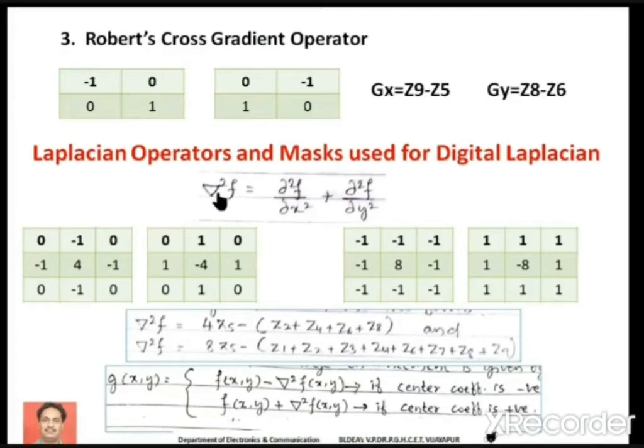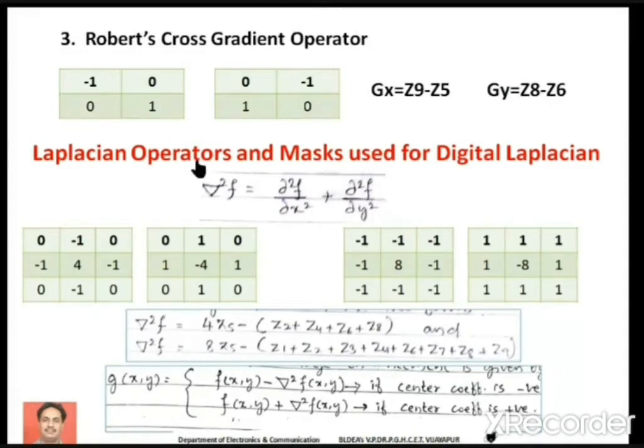and the Laplacian operator can be represented as del square f equal to dou square f by dou x square plus dou square f by dou y square. That is, we use the second order partial differentiation of the function f of x, y with respect to x and with respect to y.